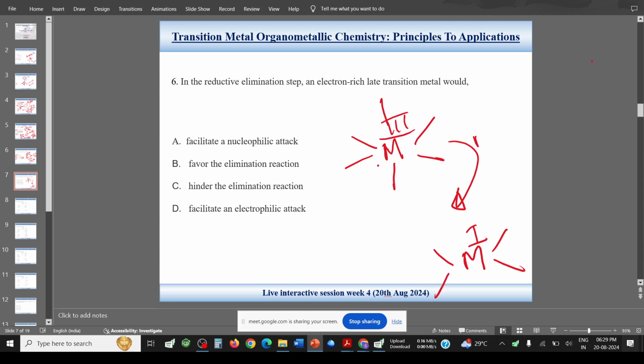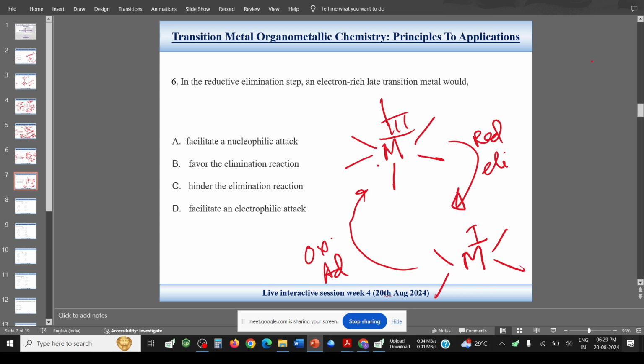This is the reductive elimination. Here the coordination number decreases from 6 to 4 and the oxidation state also decreases from higher to lower. So this is just the opposite of oxidative addition.